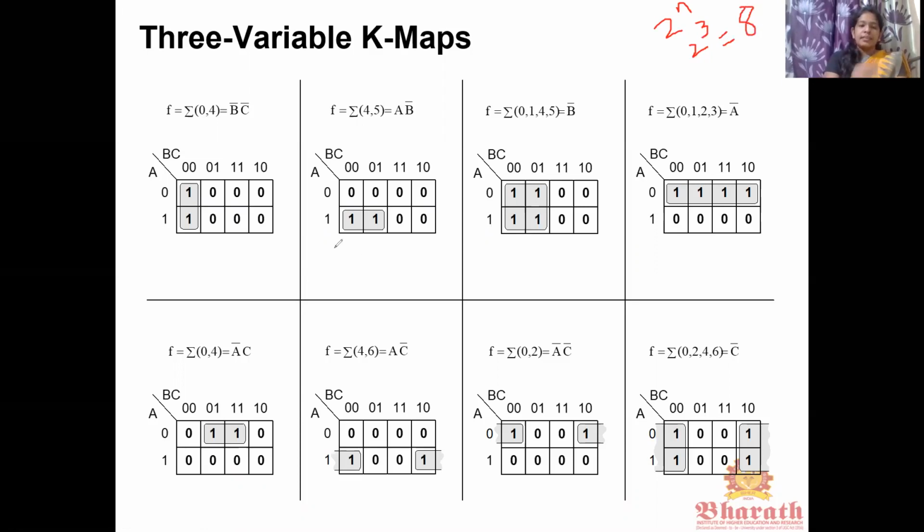So see here, 8 cells are drawn. They have given some questions. F equal to summation 0, 4. We have to find this expression. So first we have to plot the values, then we move on to the grouping. So here we have to draw 8 cells, like this only.